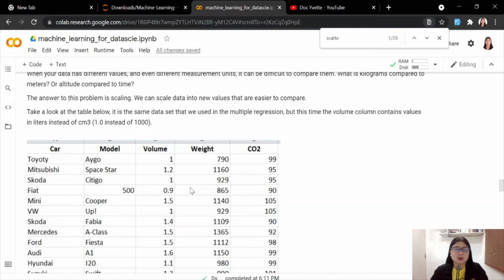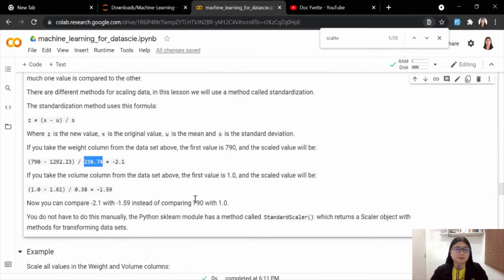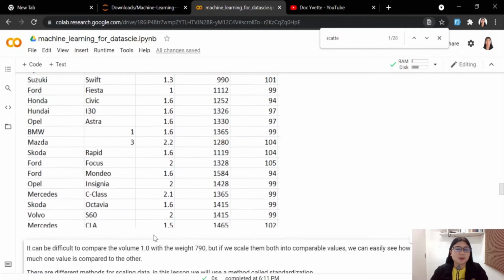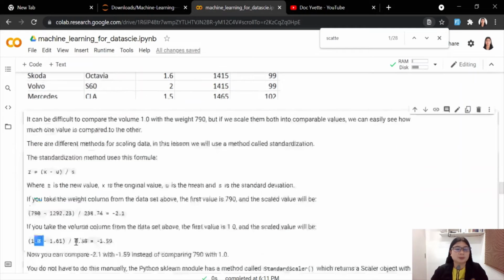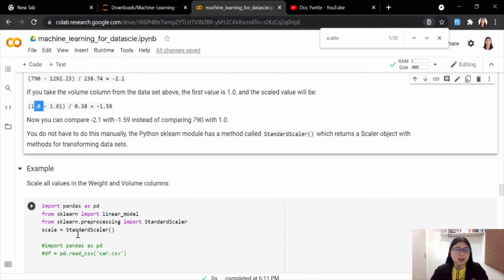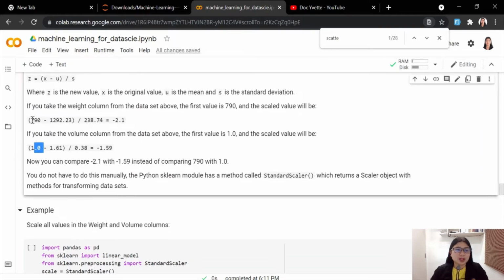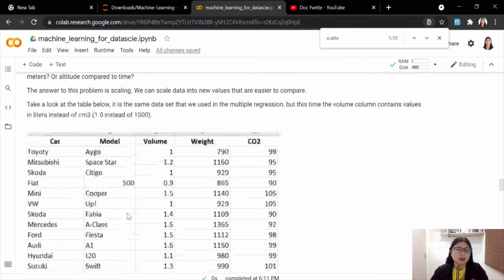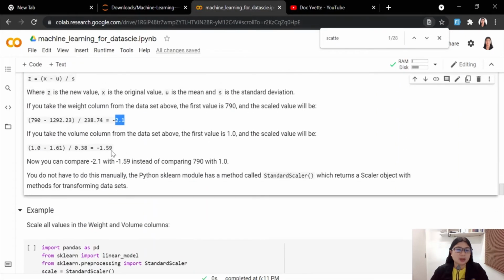This value is, of course, for the weight, and the 1.0 is for the volume. After getting the standardized or scaled value for volume, we can now compare it with the weight and volume.